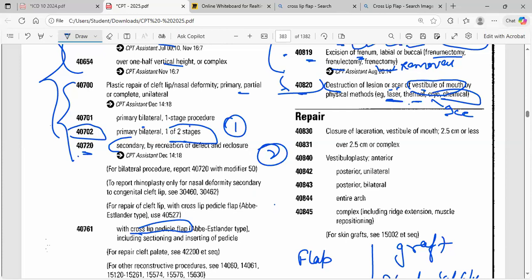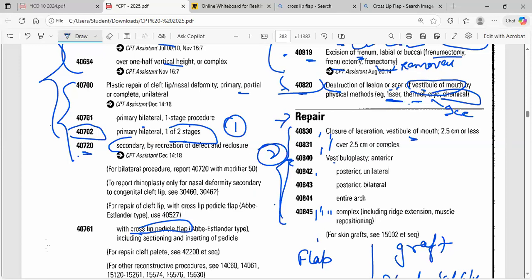Okay. Next we have the repair section. This is also for the vestibule of mouth. These codes are very word to word, so I'm not going to discuss each code from here. We can discuss 40840 to 40845, the vestibuloplasty.